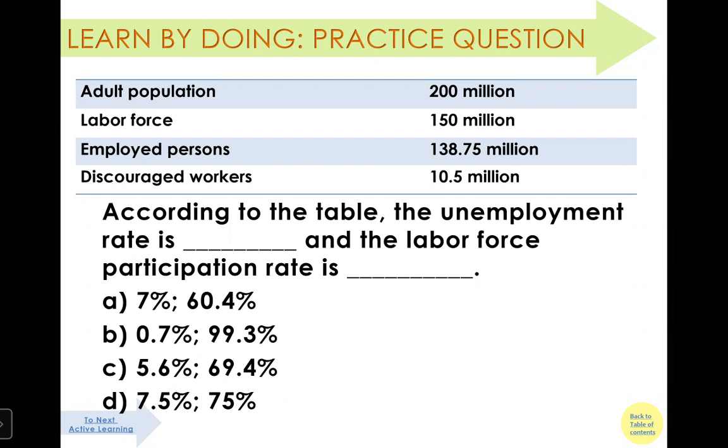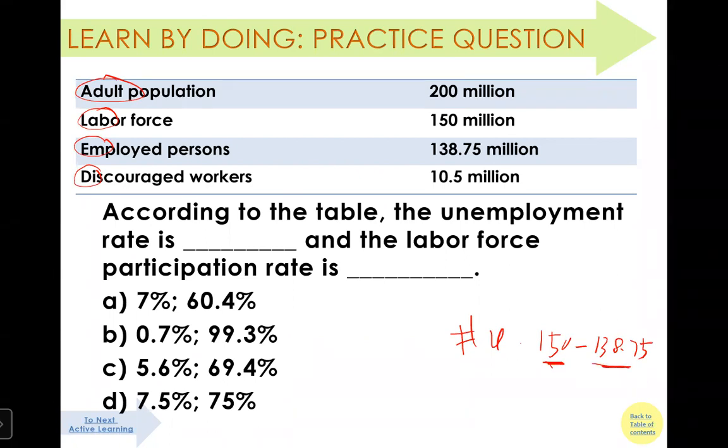So this table gives us information on adult population, labor force, employed, discouraged. Right. So the first thing I would do is just find out the number of unemployed. So that should be 150 minus 138.75. Right. So this labor force, this is employed.